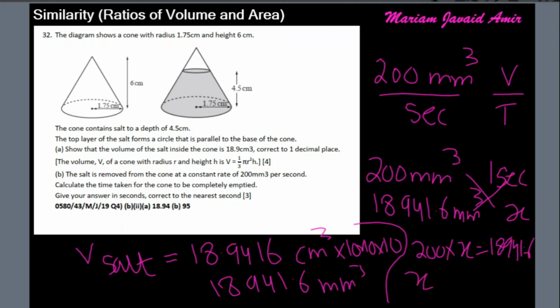So x will be this answer divided by 200, which gives 94.707 seconds, and the question said give your answer correct to the nearest second. So this becomes 95 seconds, which is also the answer given in the marking scheme. So this was all about similarities. I'll see you next time.